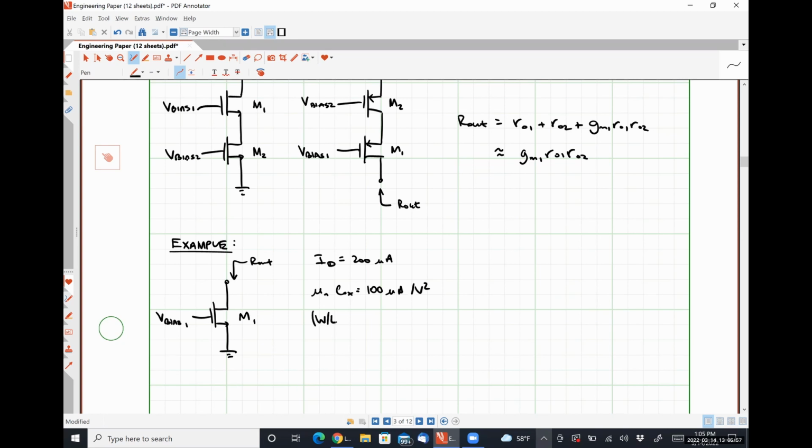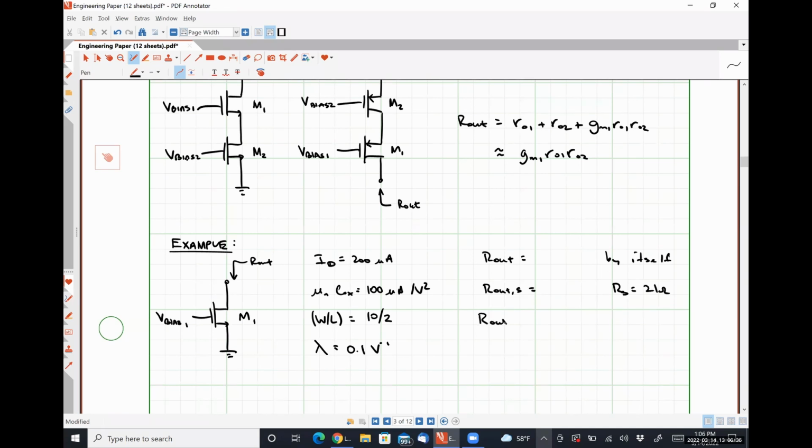We have an aspect ratio of W over L equal to 10 by 2, and a channel length modulation coefficient lambda of 0.1 per volt. Let's calculate the output resistance by itself, when it's degenerated with a resistance RS equal to 2 kilo ohms.